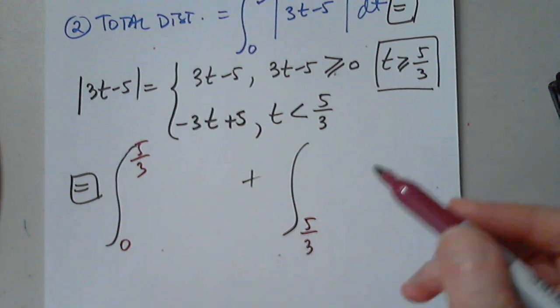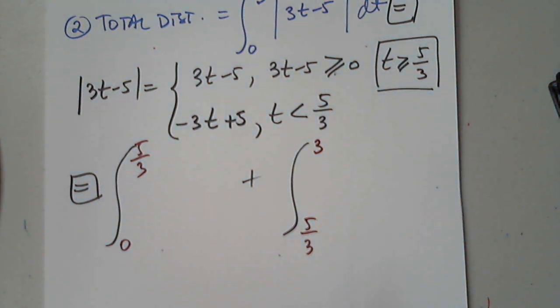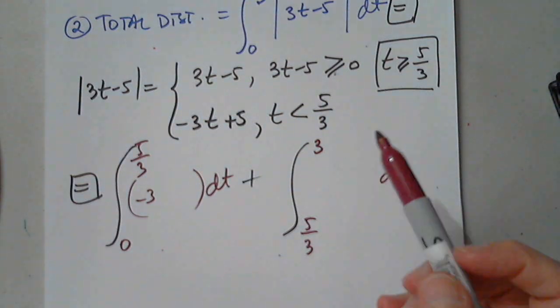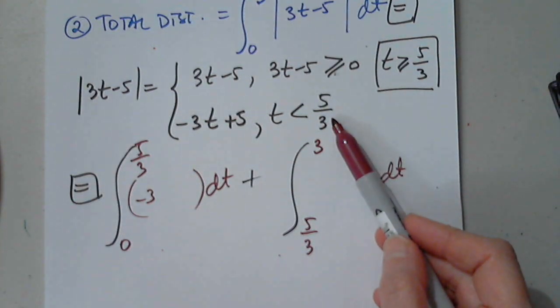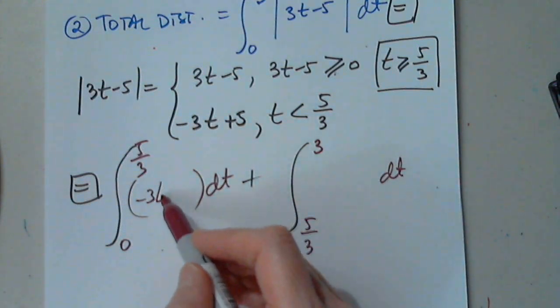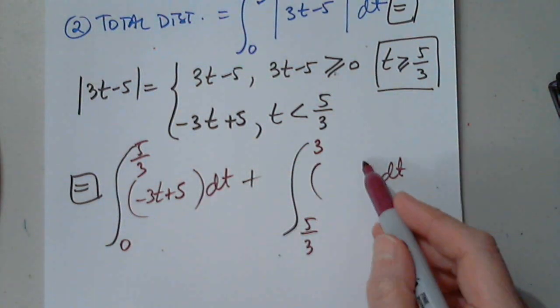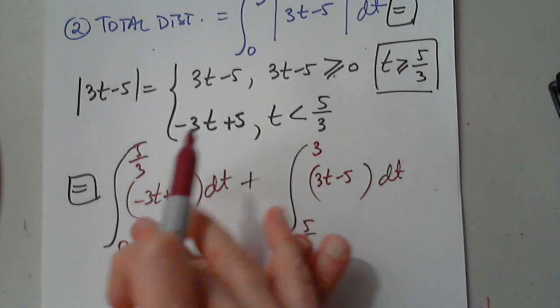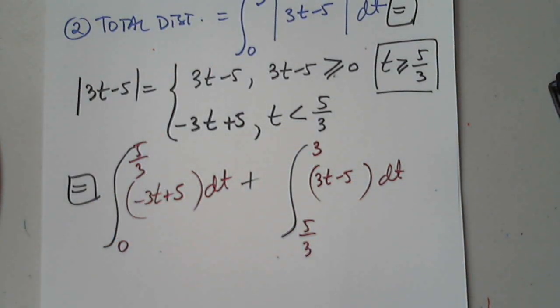Excellent. And from 5/3, obviously, to 3. Of course, I have to have dt, but now I have to identify the two functions. Careful, it says less than 5/3. This is less than 5/3, so it's negative 3t plus 5. We always have to be very careful because we cannot copy. If we copy reversed, then it's not going to give us anything.